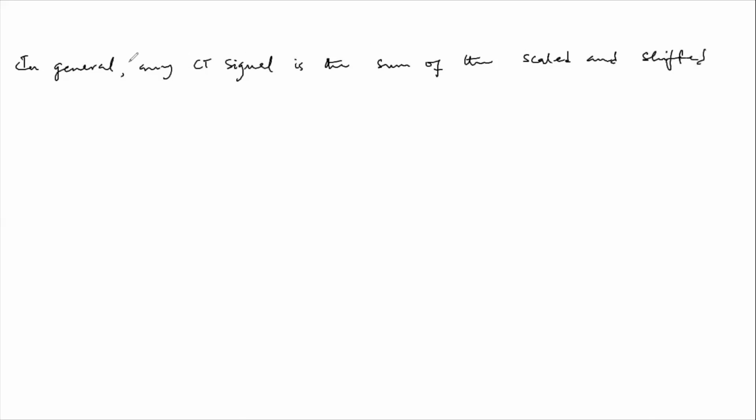In general, any continuous time signal is the sum of the scaled and shifted unit impulses, given as s of t, the same as the integral from negative infinity to positive infinity of s of tau delta of t minus tau d tau.